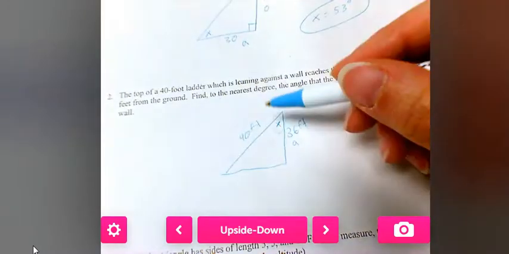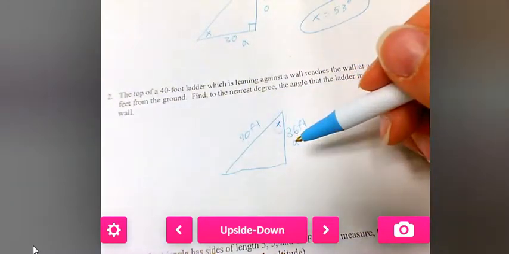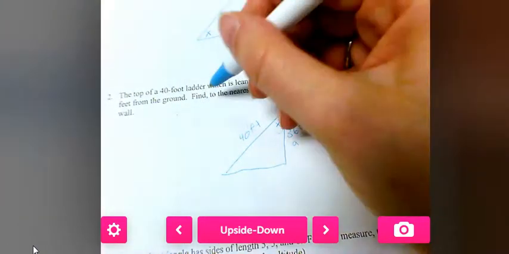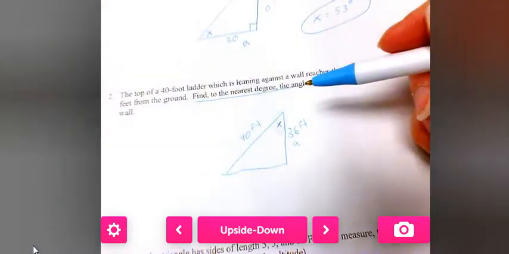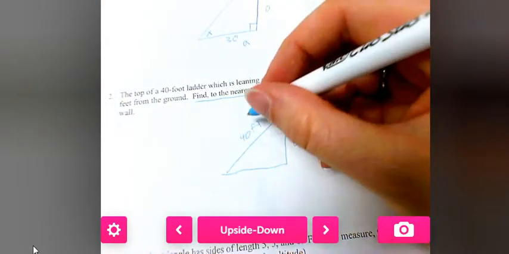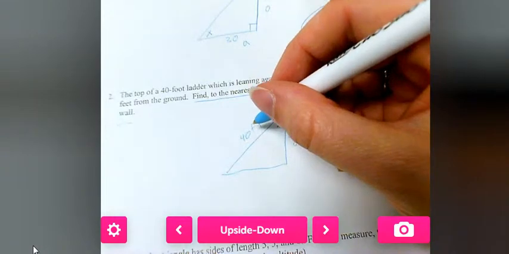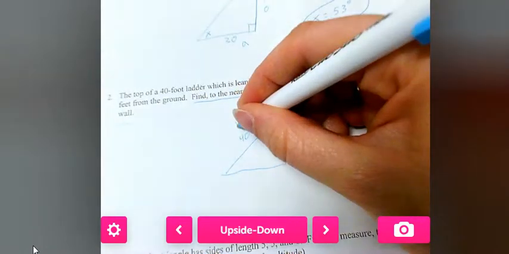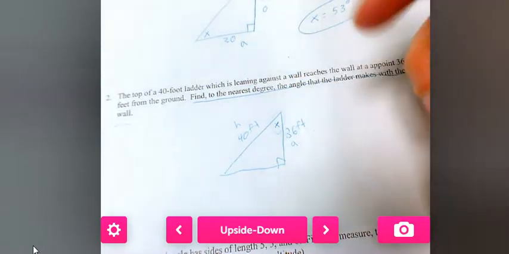It all depends on where the x is, whether it's opposite or adjacent, because it said find to the nearest degree the angle where it makes with the wall. And so 40 is my hypotenuse, right? It's across from the 90 degrees, it's usually the slanted one.